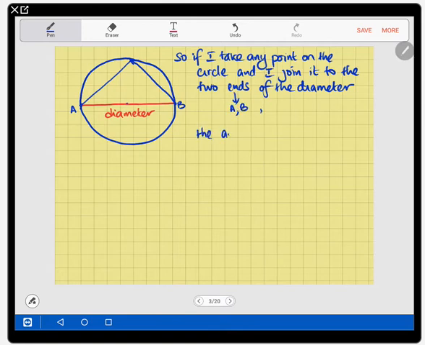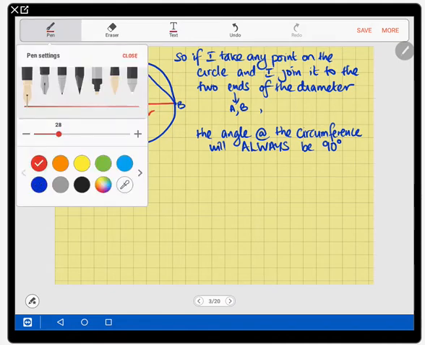The angle at the circumference will always be 90 degrees. Okay, you got that?